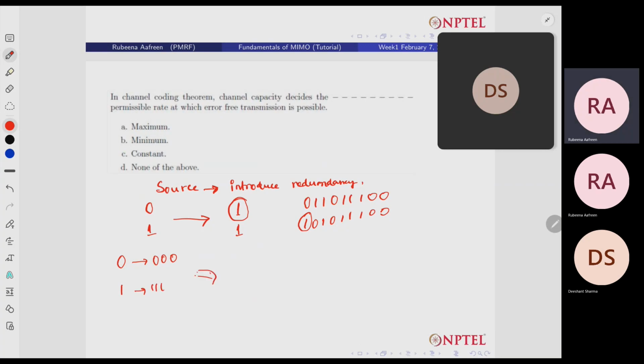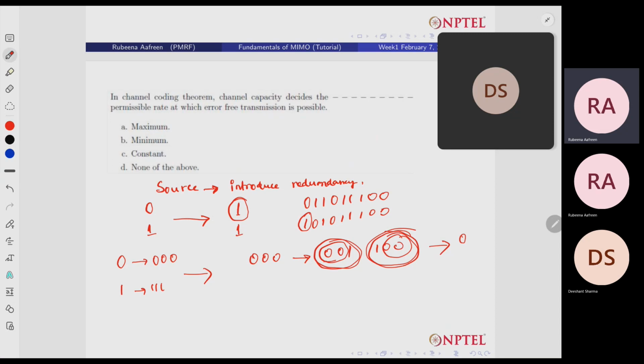Now even if a single bit is in error, 0 0 0 can be received as 0 0 1 or 1 0 0. We can now judge that one bit is in error and it must be 0, because the majority of bits are 0. So we can receive this as 0. Similarly for 1.